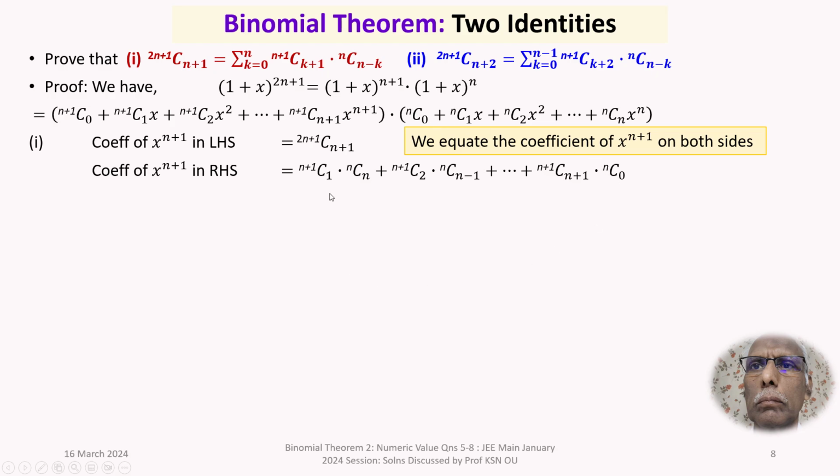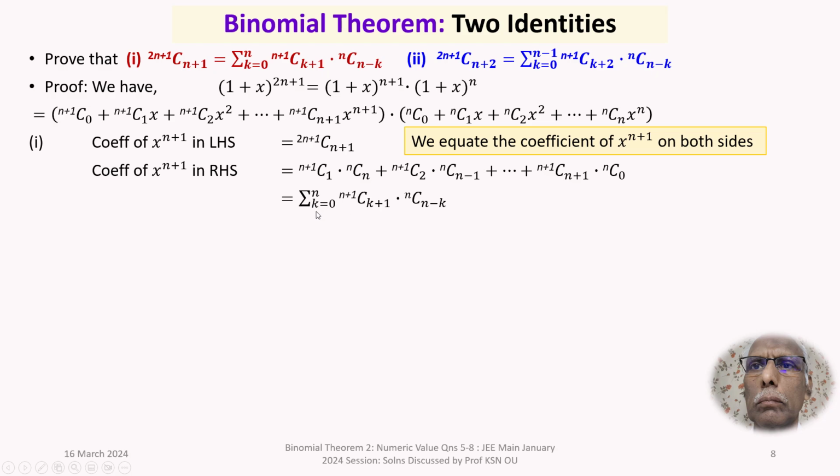Now if you see here, this is the subscript of n plus 1 C1, 1, 2, n plus 1. So that means if you write this as sigma, k equal to 0 to n, the 1, 2, n plus 1 is written as k plus 1.